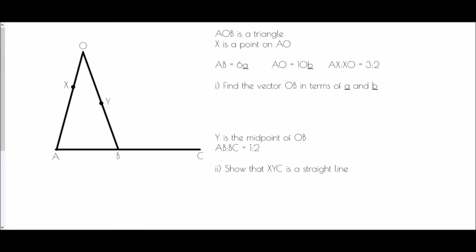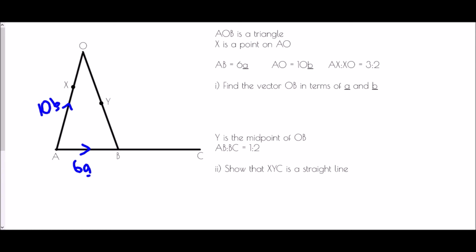So now we have the situation where we have a diagram. AOB is a triangle, and x is a point on AO. So we'll notice it's been marked here that x is on the line AO, and it tells us that AB equals 6a. So the first thing we need to just be careful of there, AB means that it is travelling from A to B, and that is 6a. And AO equals 10b, therefore AO means it travels in that direction, 10b.